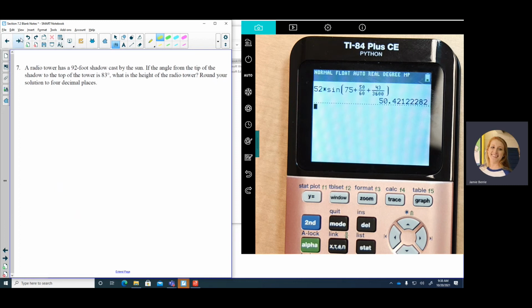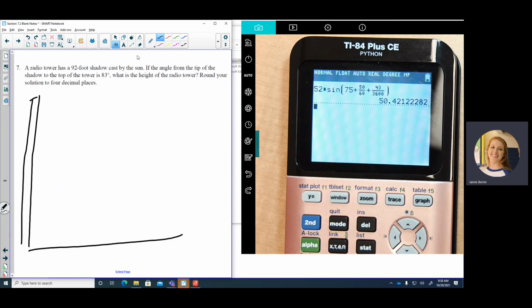All right, so we have a radio tower. We'll just do a plain old tower here. It doesn't have to be fancy. And it says that it has a shadow, so the shadow is down here on the ground. It says the shadow is 92 feet.